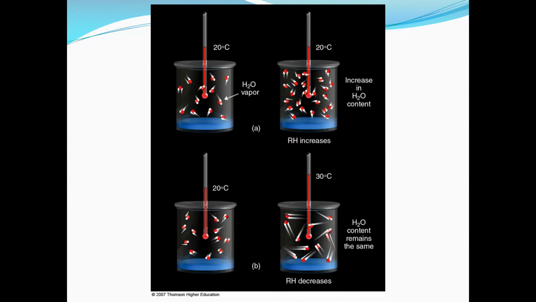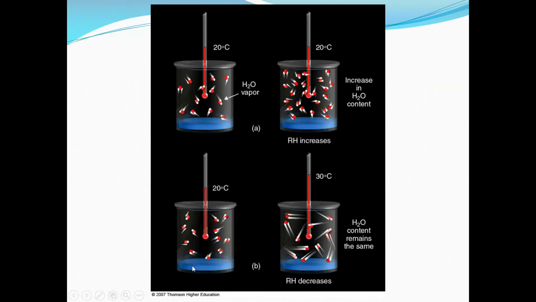Don't believe me? Write down 1/2 and 1/3. Which one of them is larger? 1/2. So it works like that here as well. By increasing the capacity, you decrease the total relative humidity. You can do this by warming the air up.